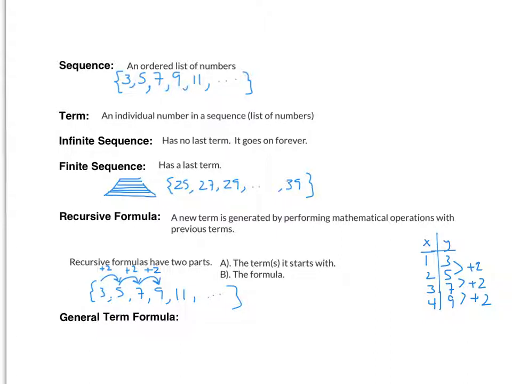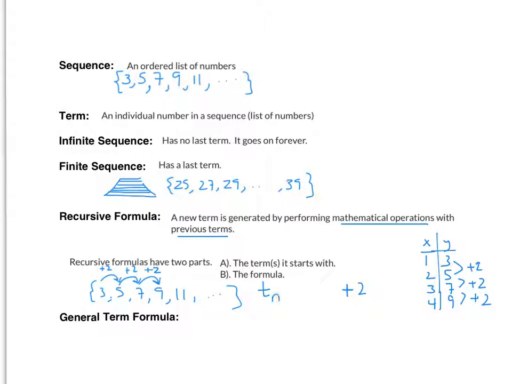Now, to come up with this, I could say to get to my next term, I would just be adding 2 to the previous term, so performing a mathematical operation with the previous term. Okay, so what I want to come up with is a formula.